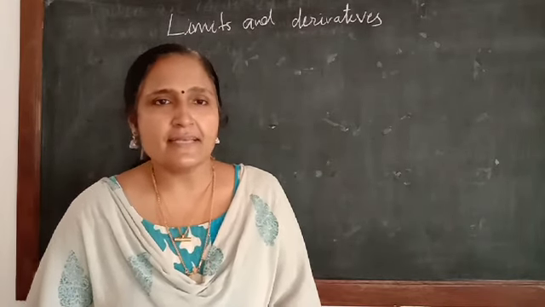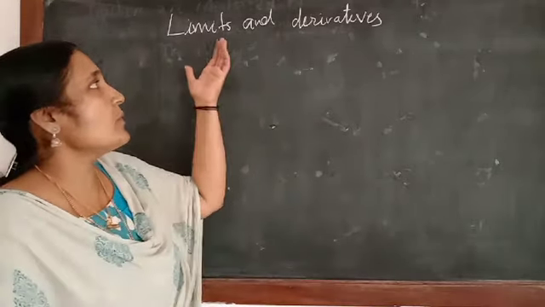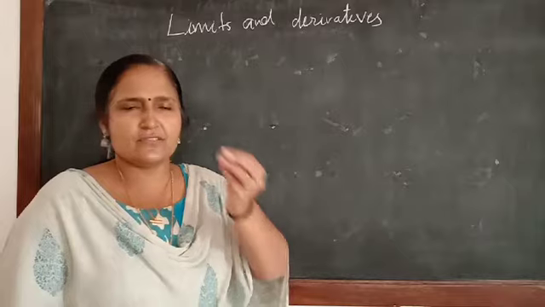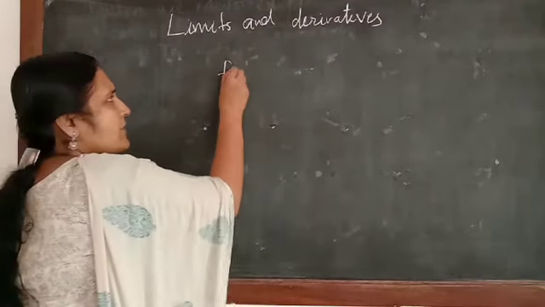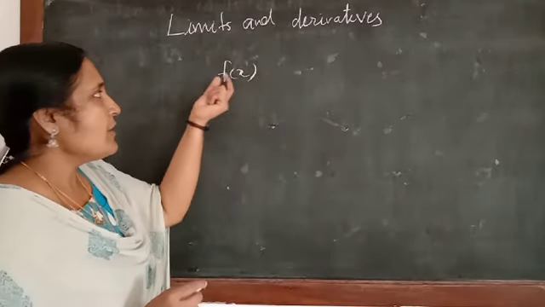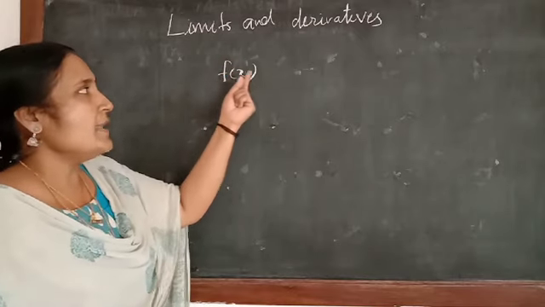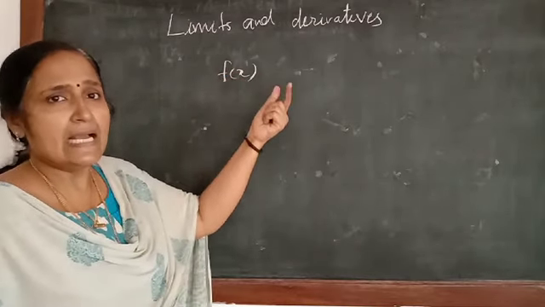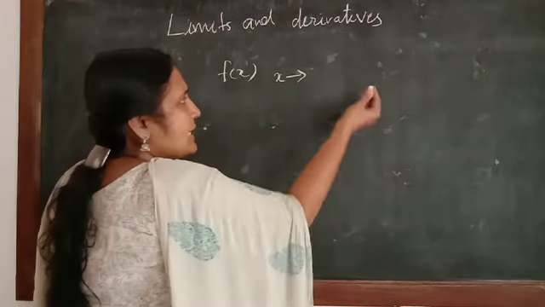In the previous class we discussed limits, and how to calculate the limit of a function. So we are just revising. Limit of a function means normally we write the function as f of x. Its meaning is that when we change the value of x, the value of f of x also changes. So we discussed x tends to any other value.